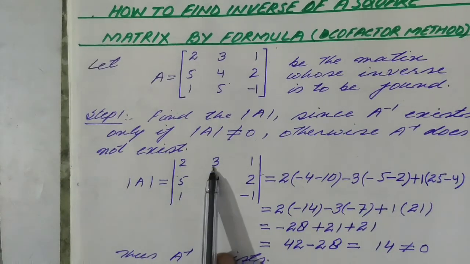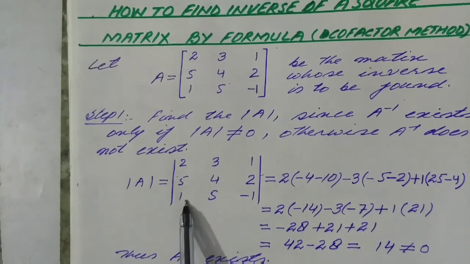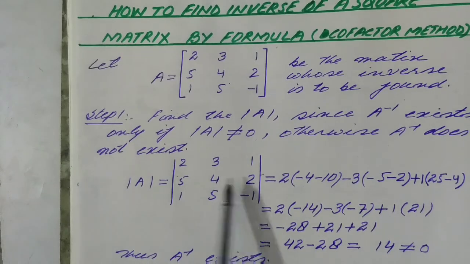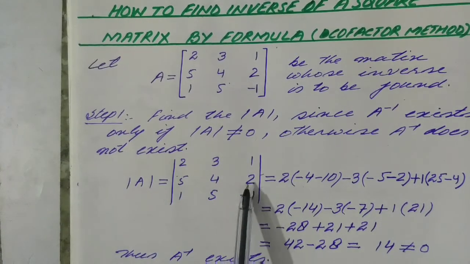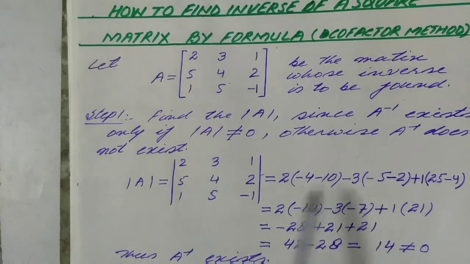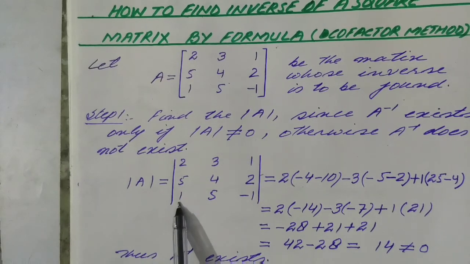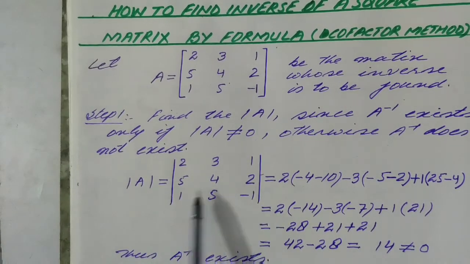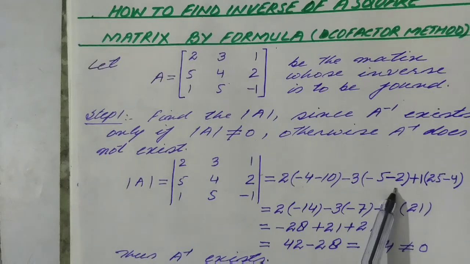and its row and column are eliminated. These 4 elements are left. Then we take cross multiplication, 5 into minus 1 is minus 5, then we put a minus sign, and then we take cross multiplication of 1 and 2, that is 2. So minus 5 minus 2.